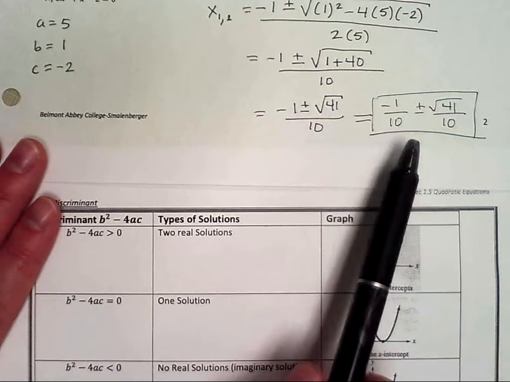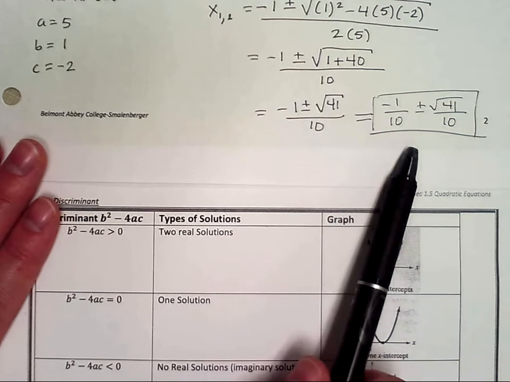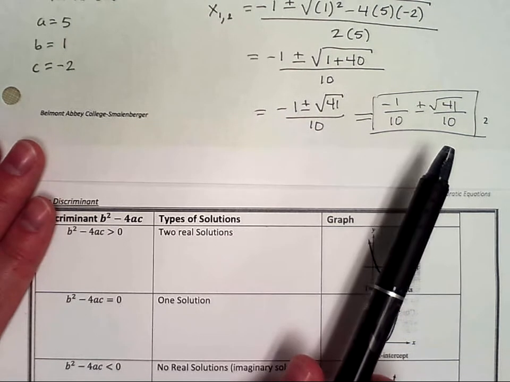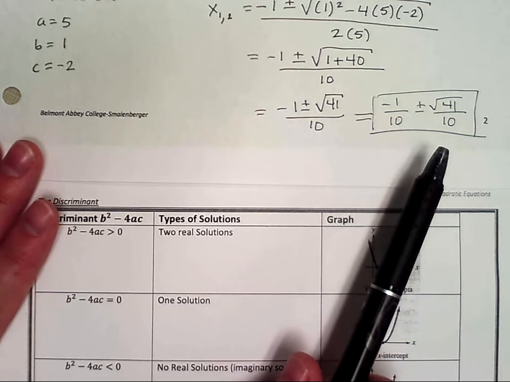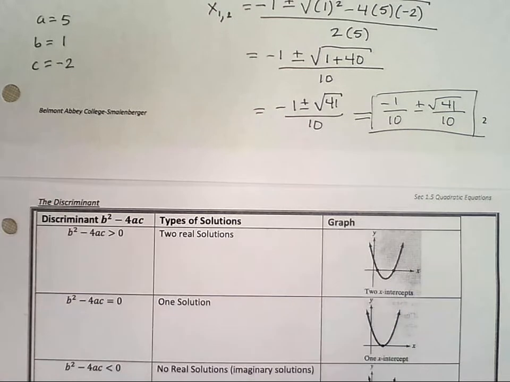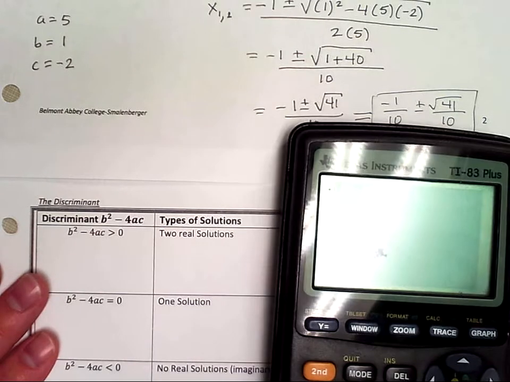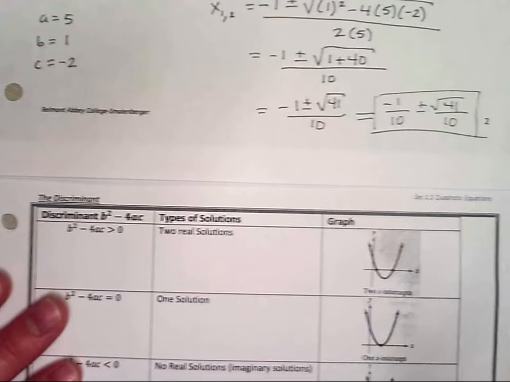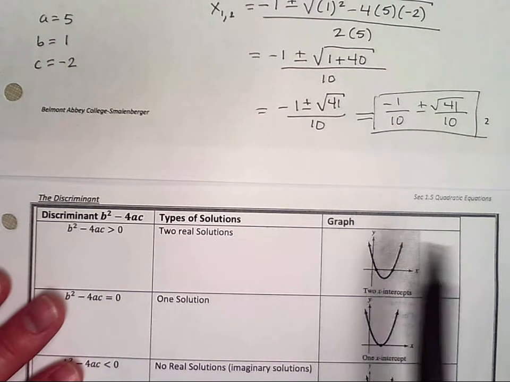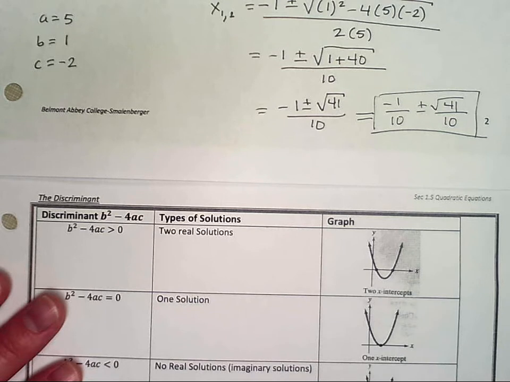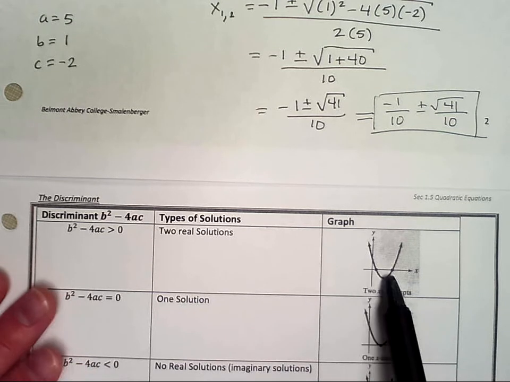Let's say you're on a test and you're going, oh my goodness, I forget how to do this. Is there some way you can use your calculator? I'm giving you guys some shortcuts. Well, let's see. This picture says if I graph it, I'm looking for my x-intercepts.